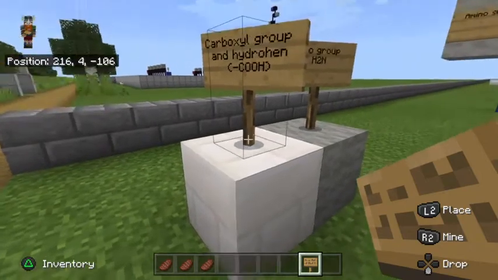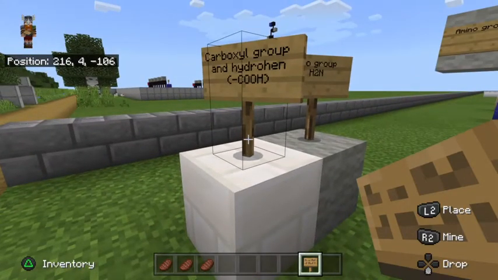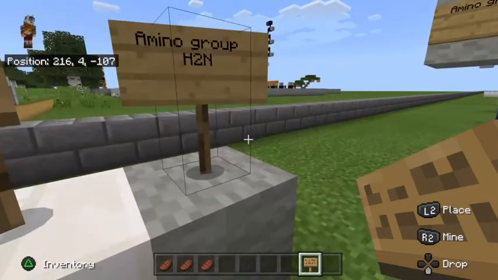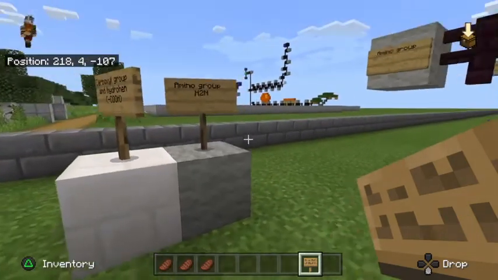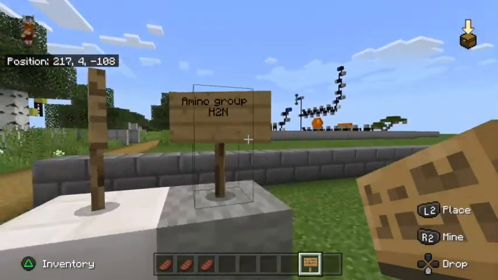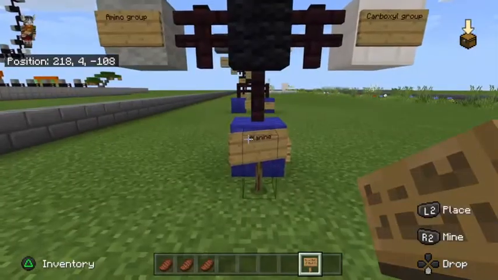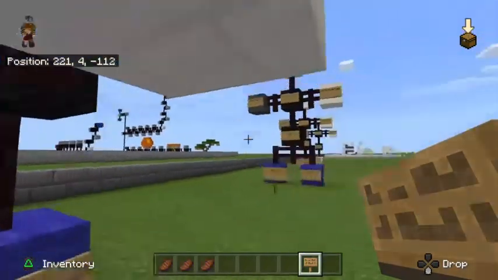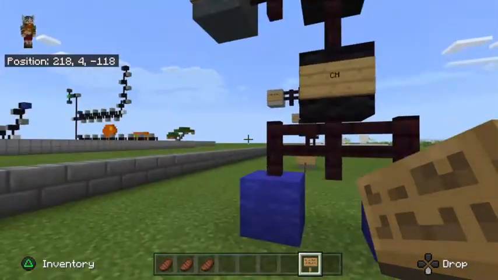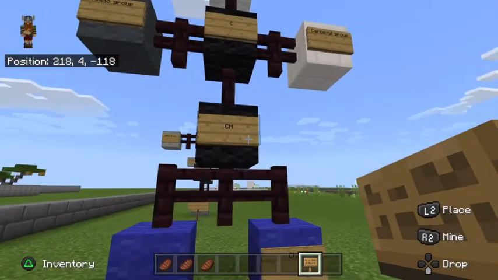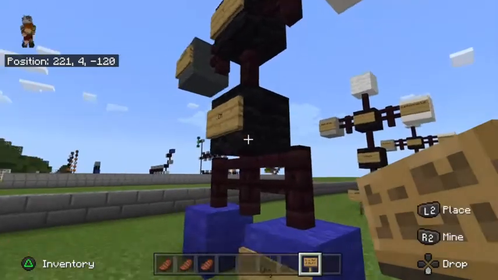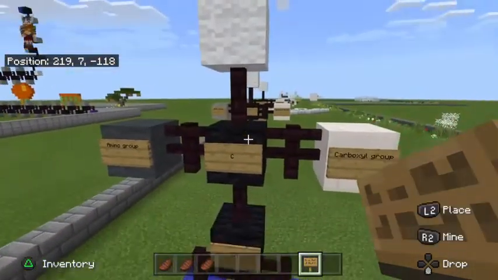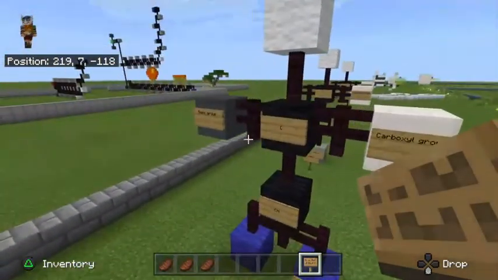The quartz brick is going to represent the carboxyl group, and the light gray wool instead of CH2 is going to mean the amino group. So you got your CH3, amino group, carboxyl group, hydrogen, and then carbon. More CH3, CH, just regular CH. Then your carbon, hydrogen, carboxyl, amino.